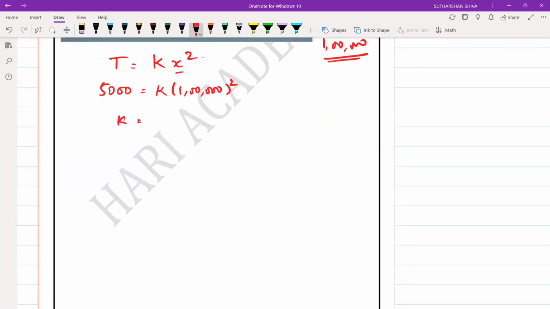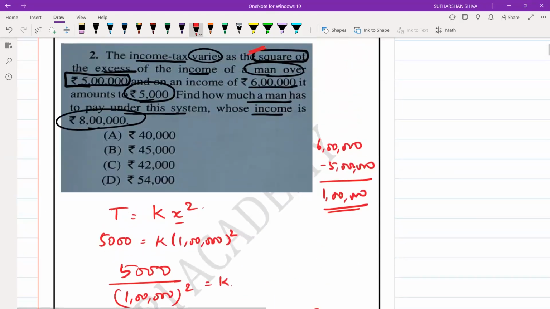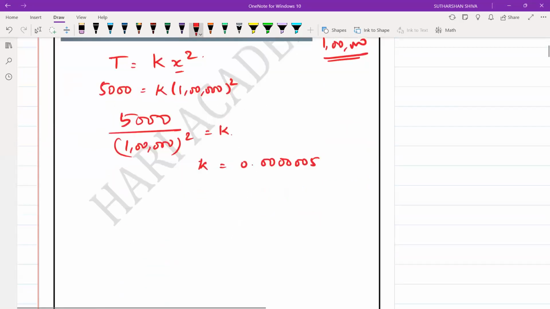Obviously K becomes 5,000 divided by 1 lakh square, is equal to K. That will give K is equal to 0.0000005. Now they ask us to find how much he will pay on 8 lakh.